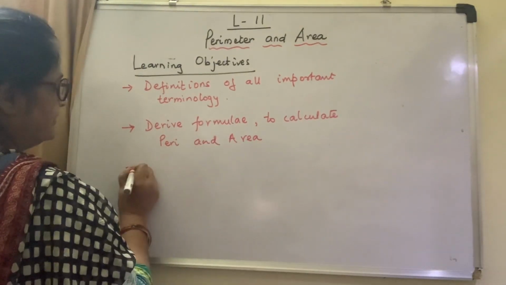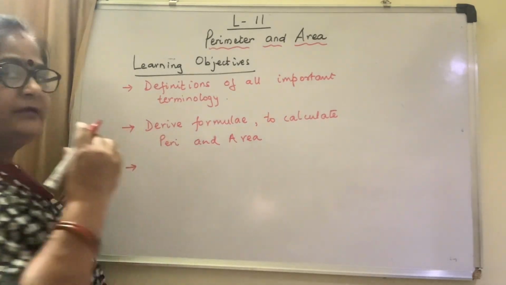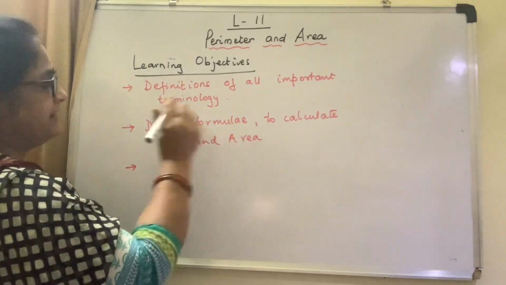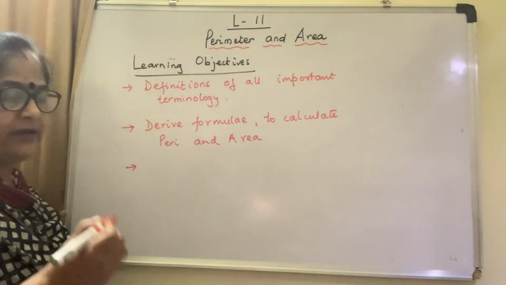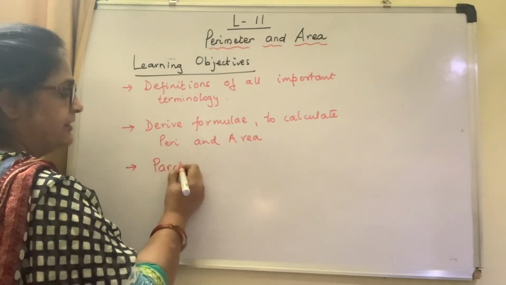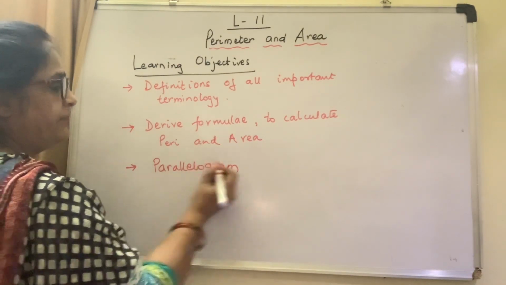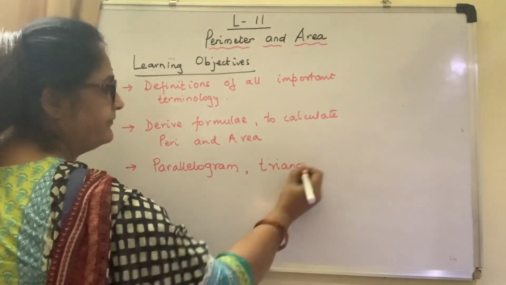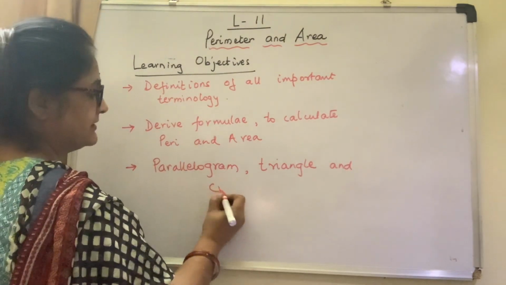Okay, the figures and shapes that we are going to do here is to find the perimeter and area of figures like any rectilinear figure like a square and a rectangle. We will find that of a parallelogram. Okay, you will find of a triangle and circles.